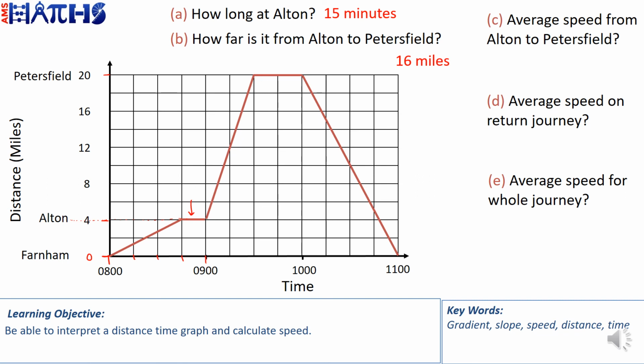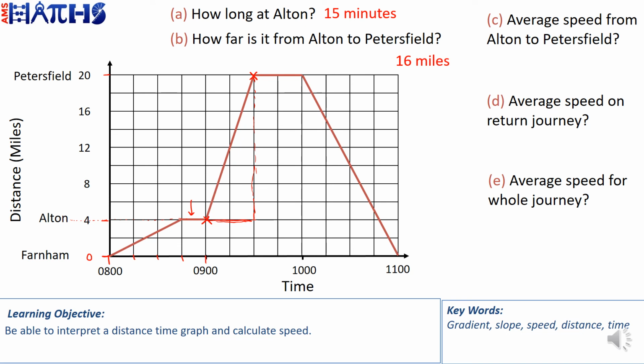The next question says we need to work out the average speed from Alton to Petersfield. So we're at Alton, going to Petersfield, we need that right angled triangle, and we're going to work out the speed.